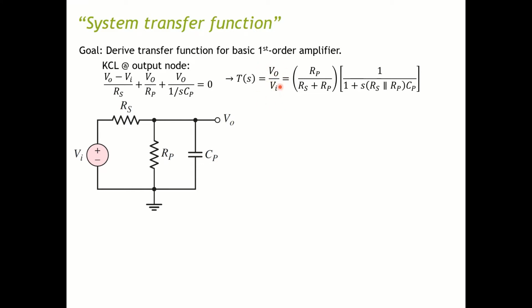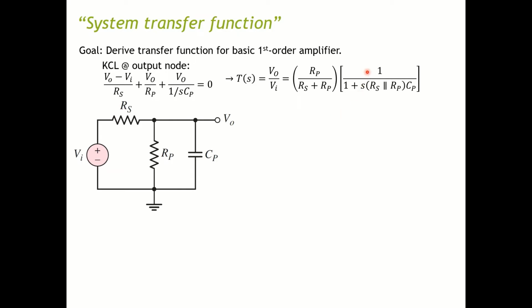And the same thing applies. You do the same thing, you will be able to factor out this term, RP over RS plus RP, which is the voltage divider law for this one, over the whole sum.